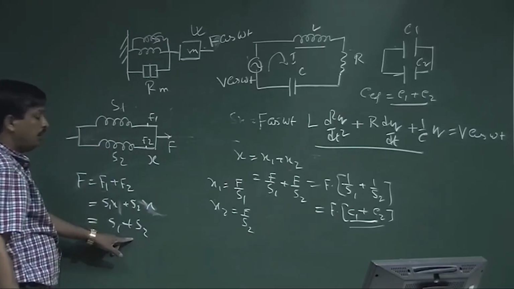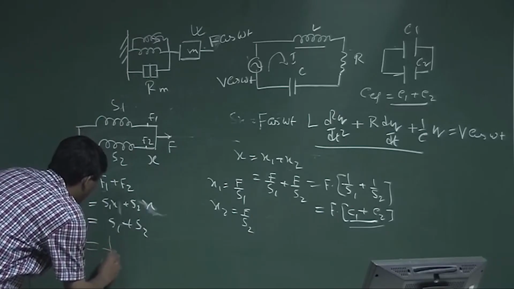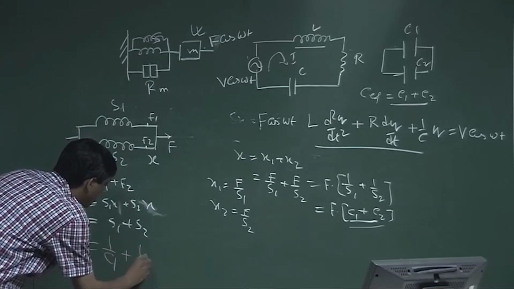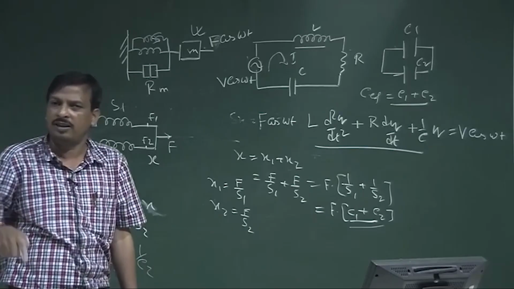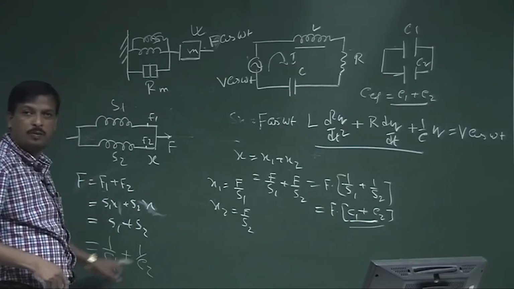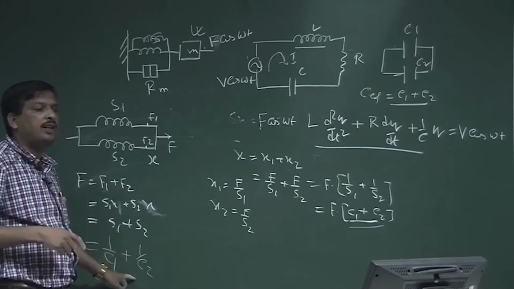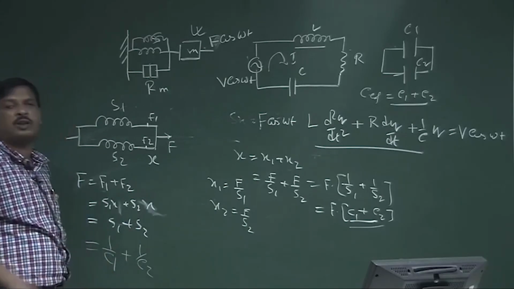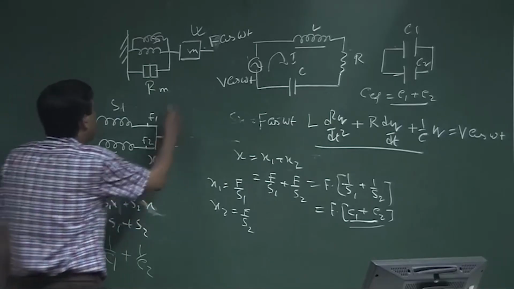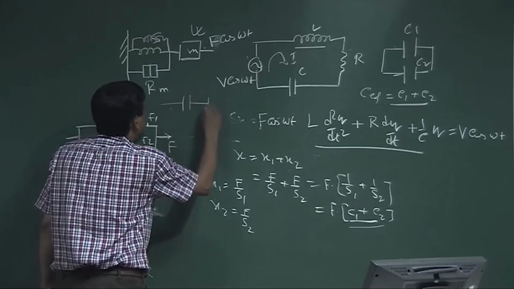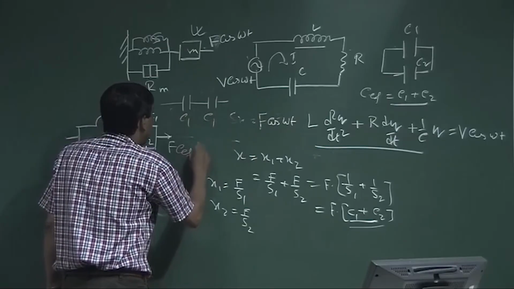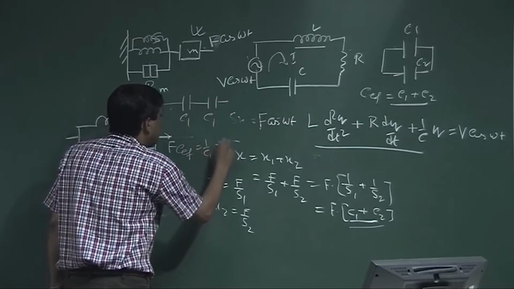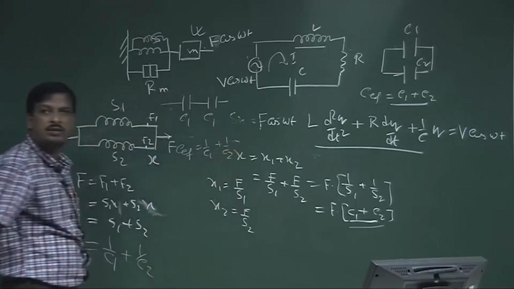Now, it is equivalent to 1 by C1 plus 1 by C2, because S is 1 by C. So, when is the capacitance 1 by C1 plus 1 by C2? When they are connected in series. If it is C1 and C2, C effective is 1 by C1 plus 1 by C2.